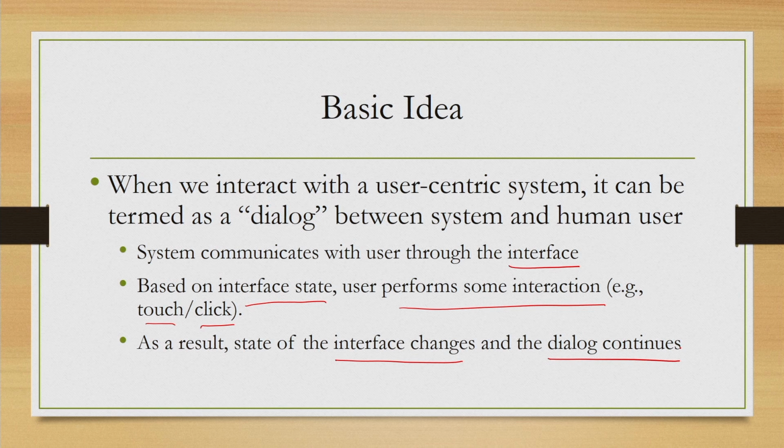So, there is an interface through which the system communicates something to the user, who perceives that by perceiving the state of the interface. Based on that perception, the user performs some action on the interface which leads to a change in the state of the interface, and that is the dialogue, and it continues till the user achieves the desired objective or achieves the goal.